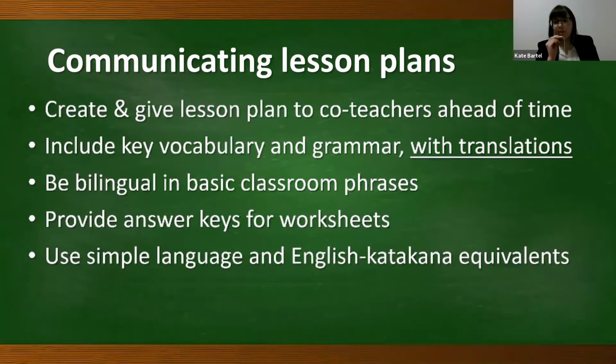This is also a good tip for JTEs, for those worksheets where you have to translate things from English into Japanese, because as ALTs, we don't always know what the correct Japanese translation is. And that goes the other way as well, especially at elementary school. If you're able to just show what you want the students to do, it's much easier to convey what your actual plan for the lesson is.